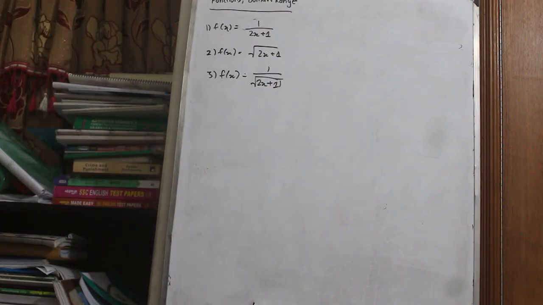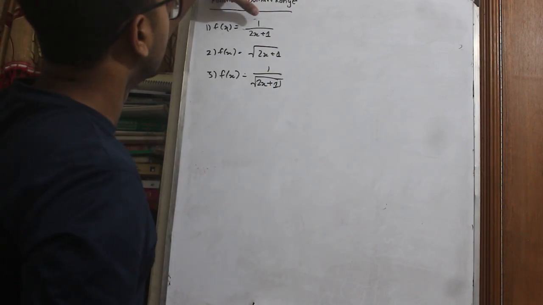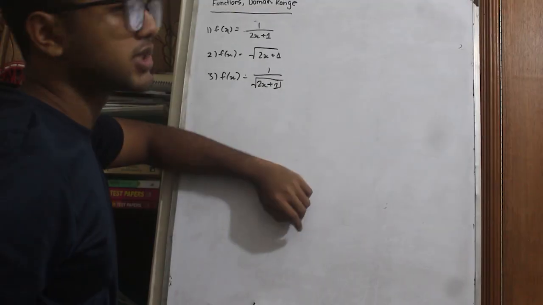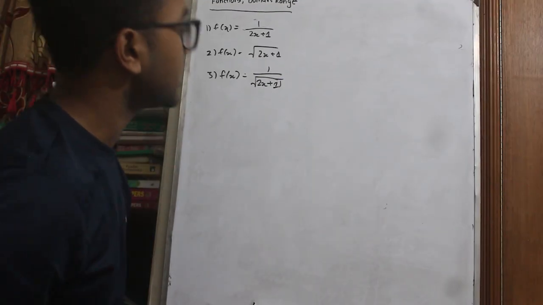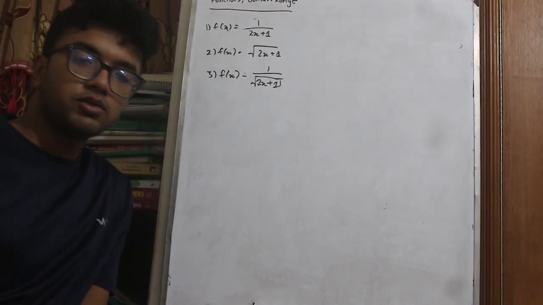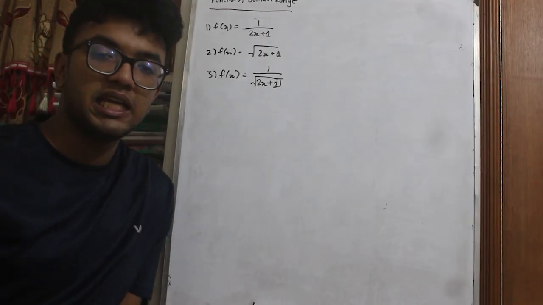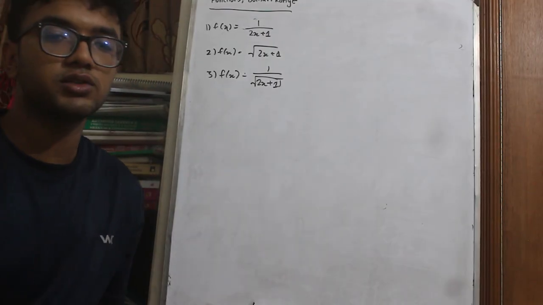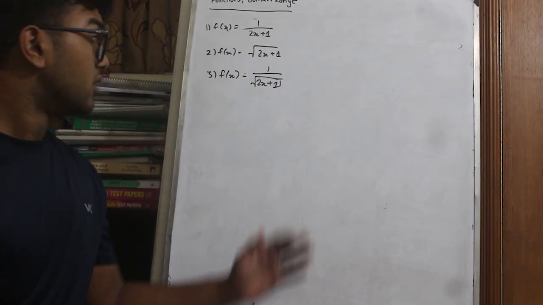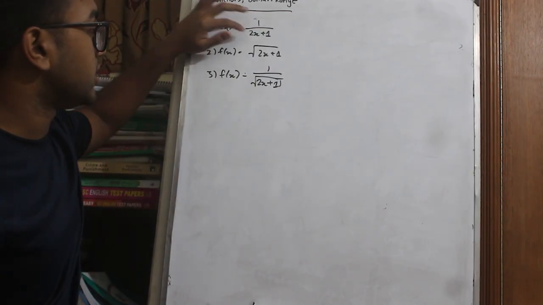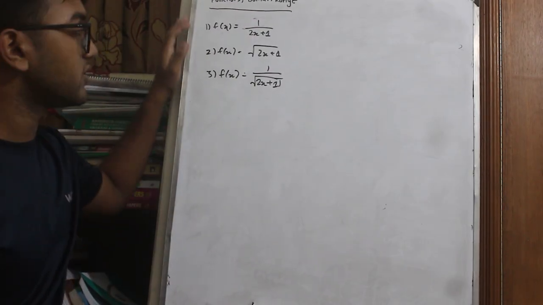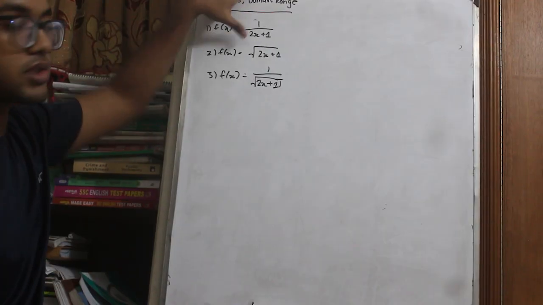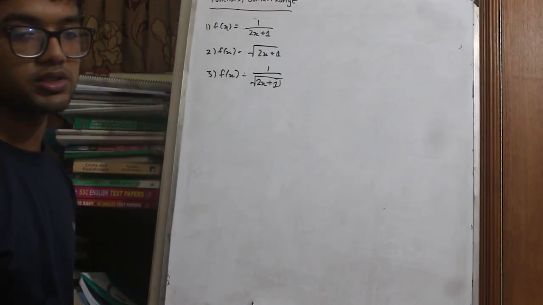Okay, so 1 by 2x plus 1, what's the range in this? Actually, to find out the range, we can just find out the inverse function of a function. The domain of the inverse function tells us the range of the original function.